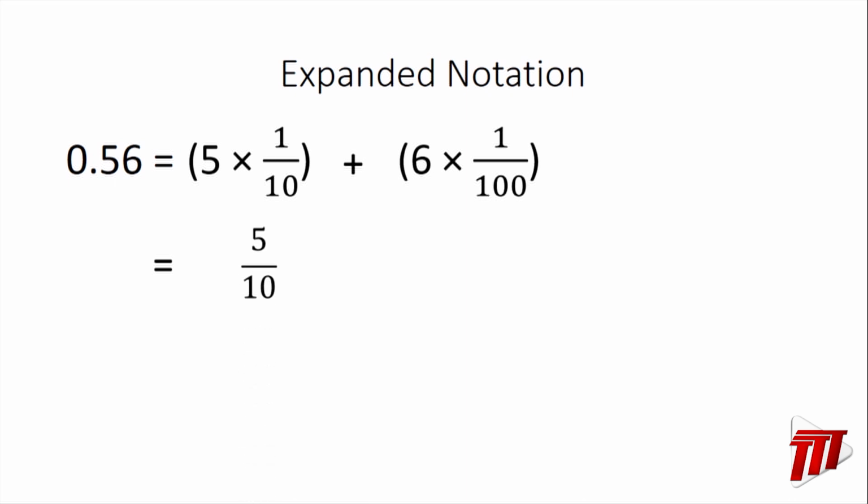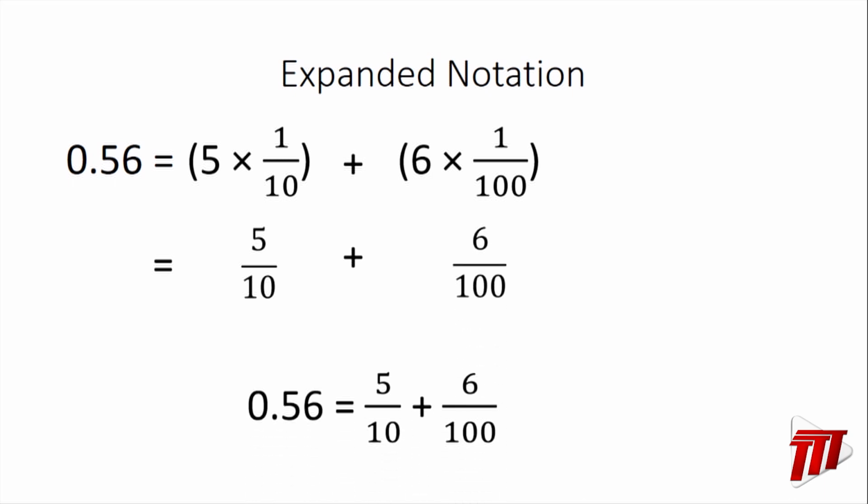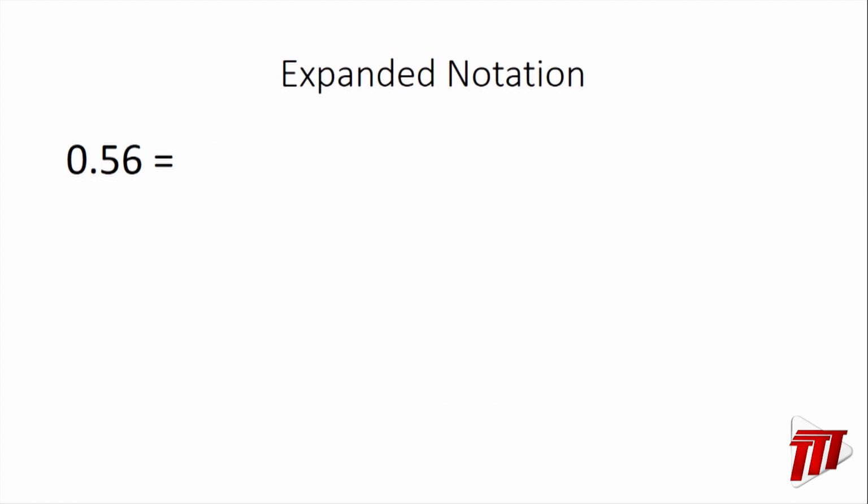So 5/10, 5 multiplied by 1/10, 5/10 plus 6 multiplied by 1/100, 6 hundredths. So 56 hundredths expressed in expanded notation would be 5/10 plus 6 hundredths. This has been represented using common fractions. We can also present the same information in decimal notation. The value of the digit 5 is going to be 5 by 0.1.